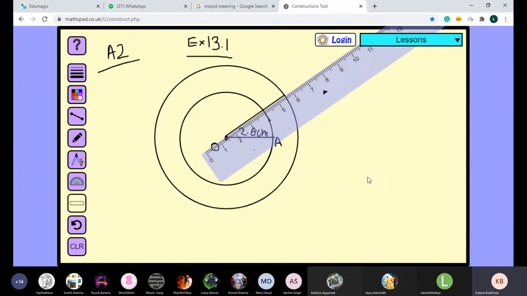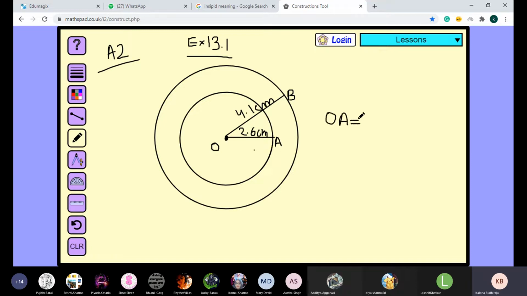So, this is our outer circle. Now, label it as B. So, this is point B and mark it as 4.1 centimeter. In fact, you can write it along with the circle also.